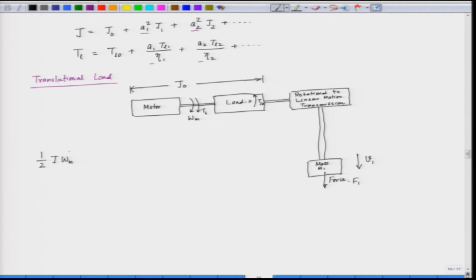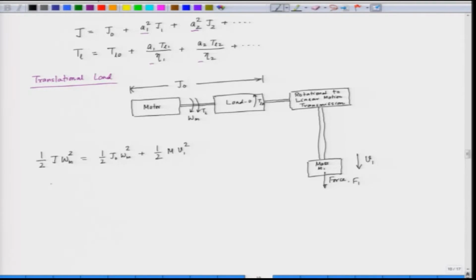The equivalent kinetic energy is half j omega m square, which is equal to the kinetic energy of the first load, half j naught omega m square, plus the kinetic energy of the second load. The second load is a translational load, and half m v 1 square is the kinetic energy of a translational load. So, this is the effective kinetic energy of the system.